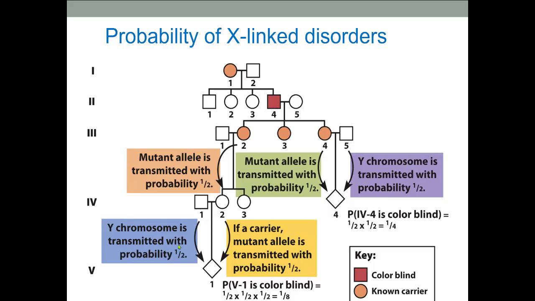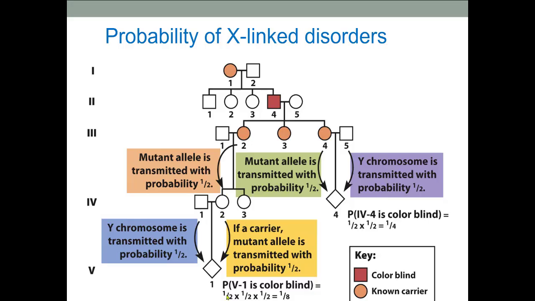That's a 1/2 chance. Then also, they'd have to inherit that mutant allele from their female parent. That's a 1/2 chance if she's a carrier. But the chance of her having been a carrier in the first place is a 1/2 chance. And so if we don't know her genetic status, then we're a little further away.